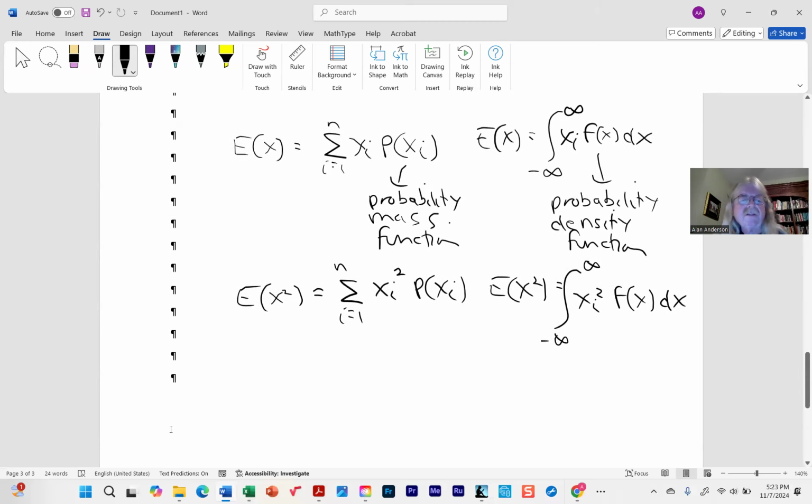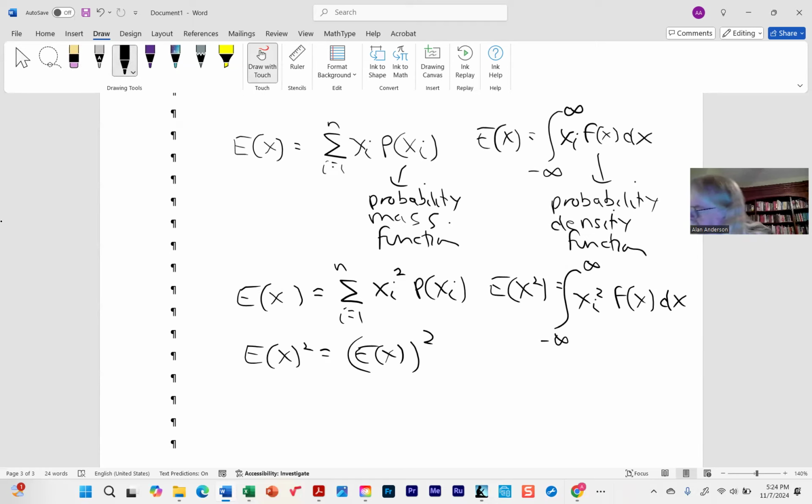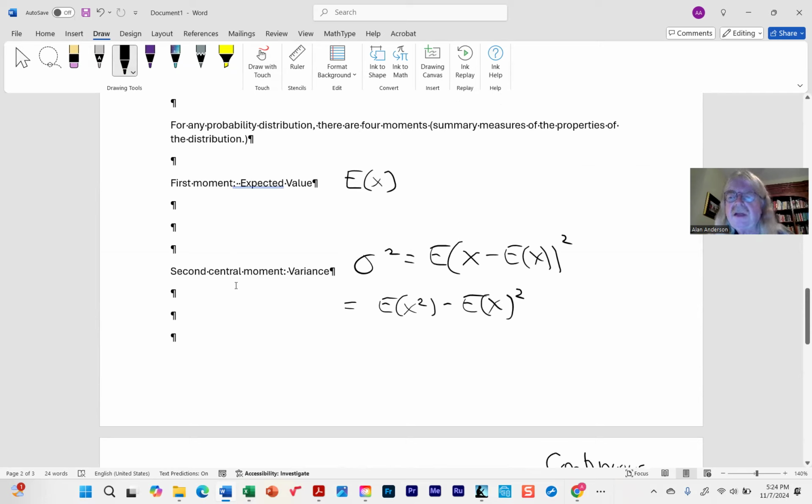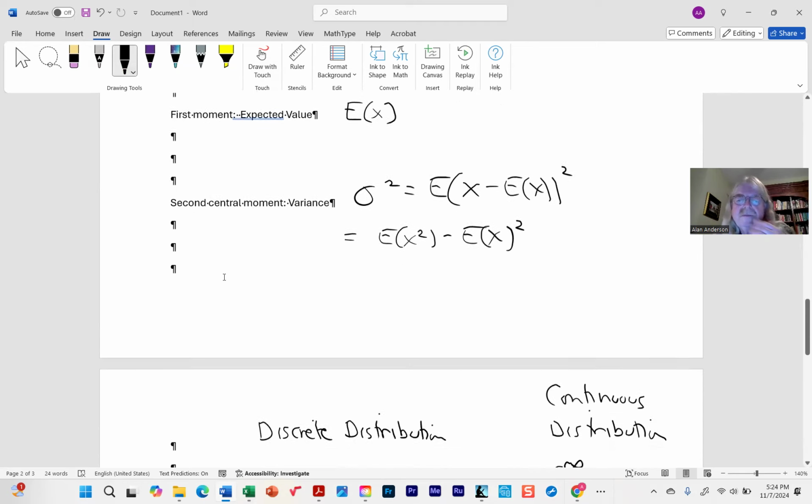And then the E of X with the quantity squared is just, you take the expected value that you found up here on top and square the result. Now, by the way, the standard deviation is not considered to be a separate moment. It is simply the square root of the variance.